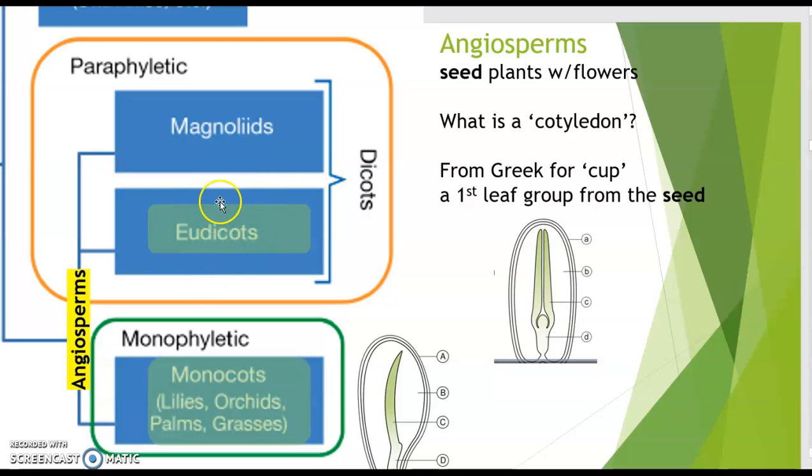We're going to stick with true. Remember, eu is a prefix in Greek that essentially means true. Pretty easy to remember. The true dicotyledons, the true two leaves within the seed. And we're going to compare that to the monocotyledons, the true one leaf within the seed.